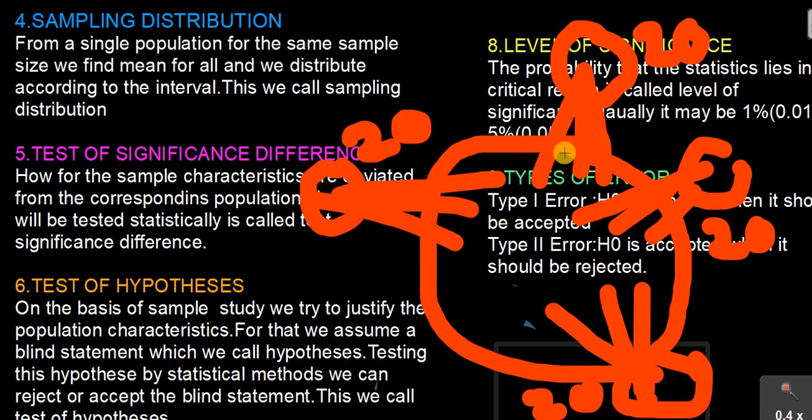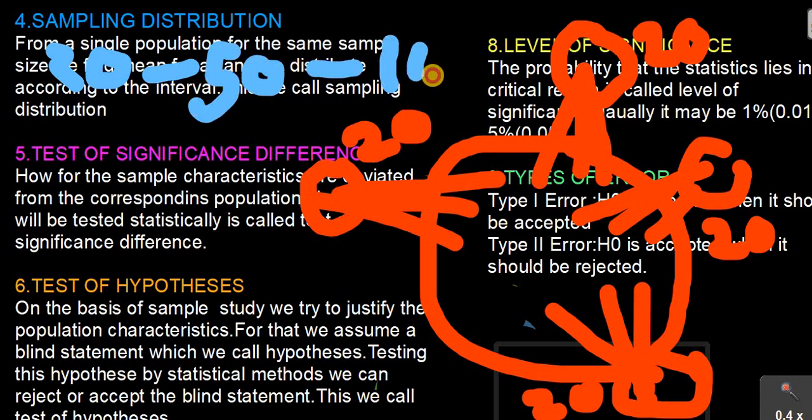For those means I am making a distribution. Take for example, suppose the mean is between 20 and 50. How many means are coming? Some 10 means are coming here.